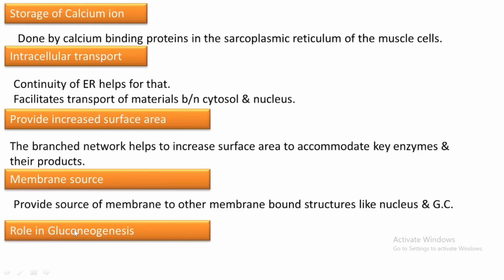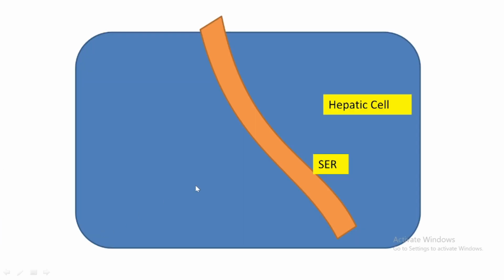Then role in gluconeogenesis. What is its role? Suppose this is a hepatic cell and this is the smooth endoplasmic reticulum. We know that inside the liver cell, glucose is stored in the form of glycogen.